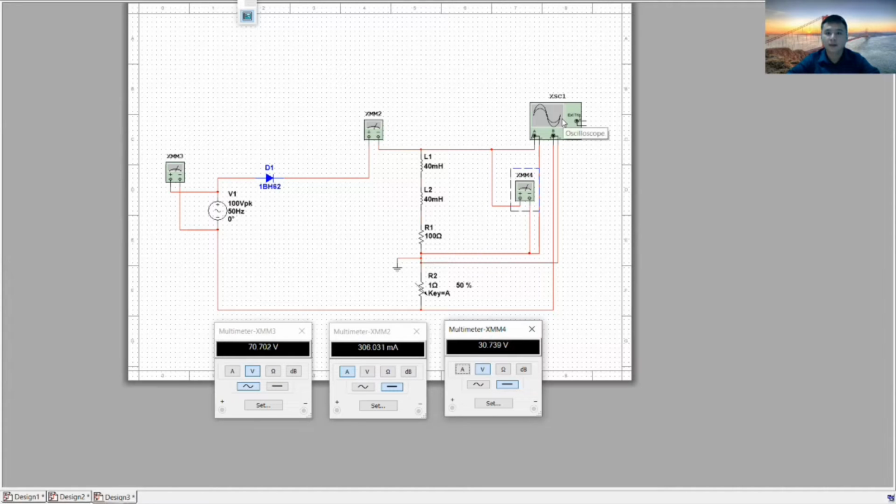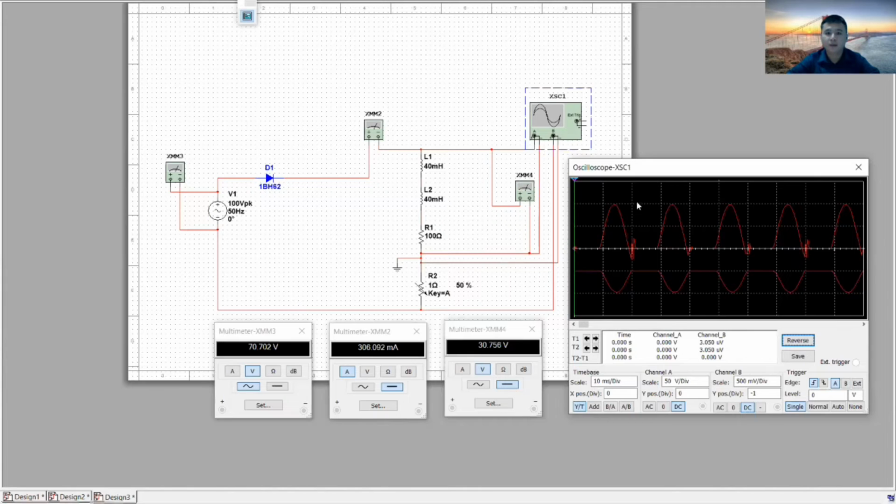From the waveform here, we can see that the voltage spike that occurs at the end of the positive half cycle is slightly higher than the previous activity. The current waveform is almost the same, but a little bit less than the previous activity.